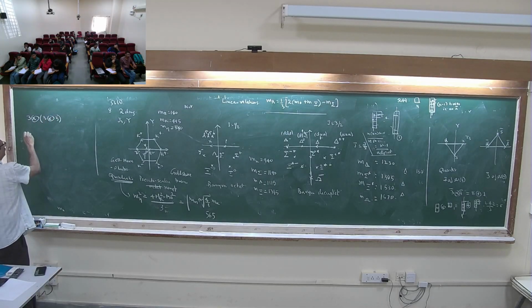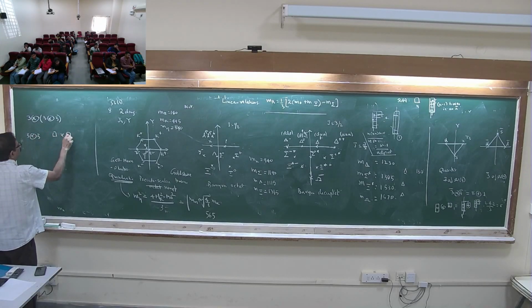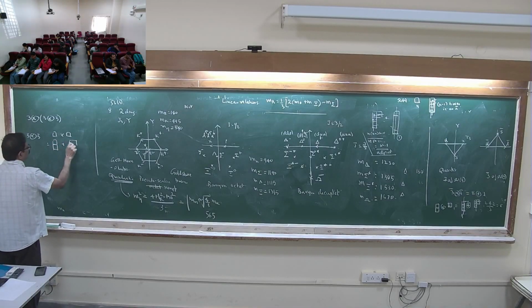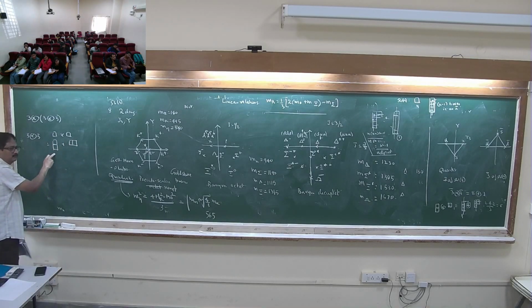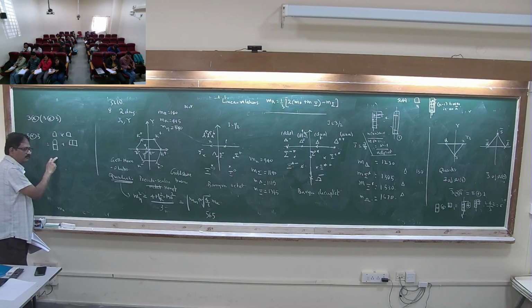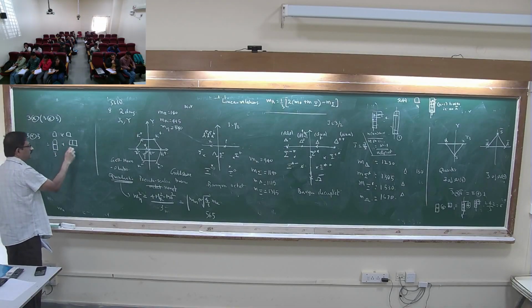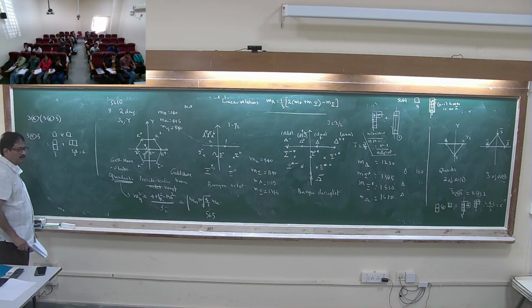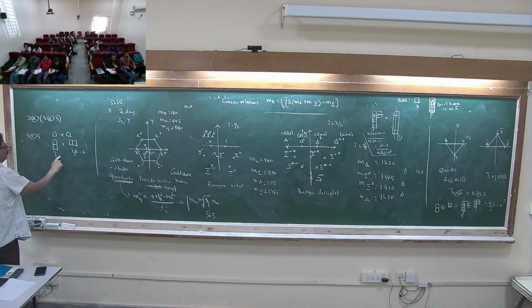Okay, so let's do 3 times 3, box times box. Okay, so this is box plus. What is this now? 3 bar. We already know that. This is 3 times 4 by 2, which is 6. So 9 adds up to 3 bar plus 6.